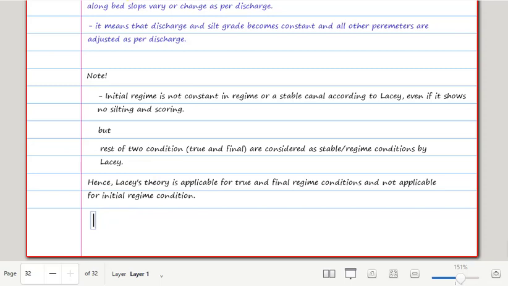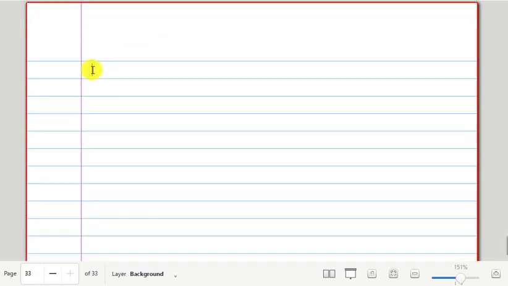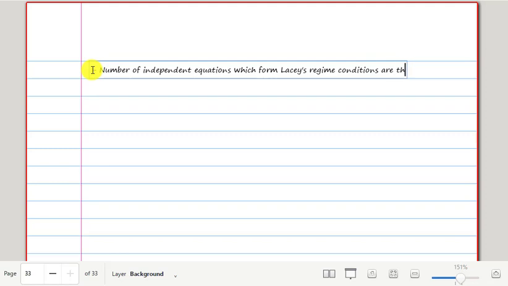There is one more point we need to note down. The next point is the number of independent equations which form Lacey's regime conditions are three. We will discuss them later.